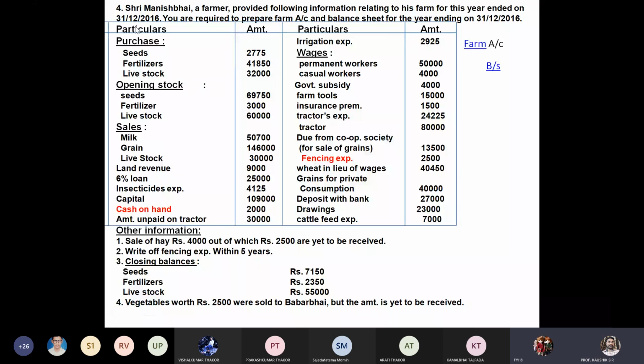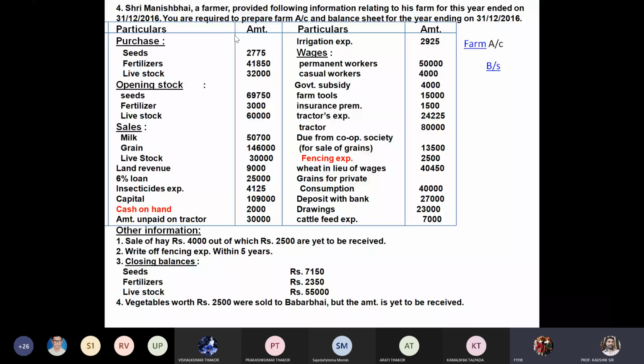The debit and credit balances are not given, but details are provided, and considering some adjustments we have to prepare the farm account as well as the balance sheet.